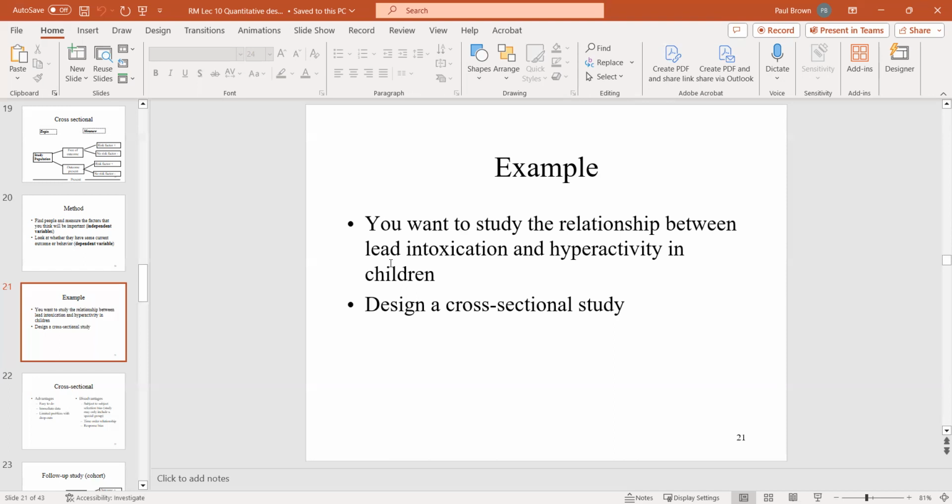Who does that miss out? These are kids with seizures, right? Who does it miss out if I go to just the hospital? Yeah, kids who don't go to the hospital, right? Kids who don't go to the hospital don't get treated. And maybe those are the kids where there is a linkage or a stronger linkage.